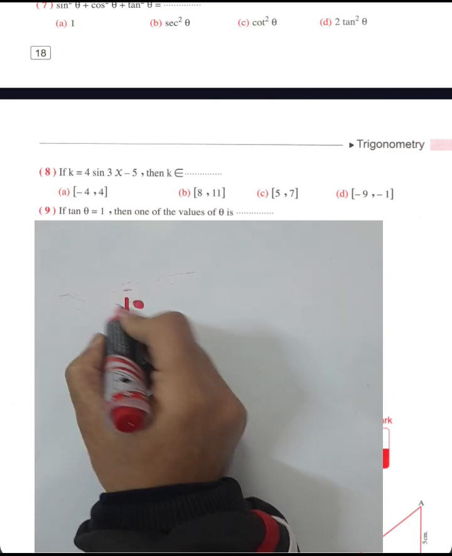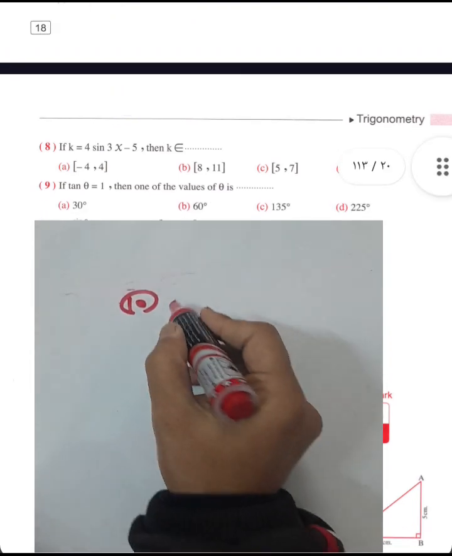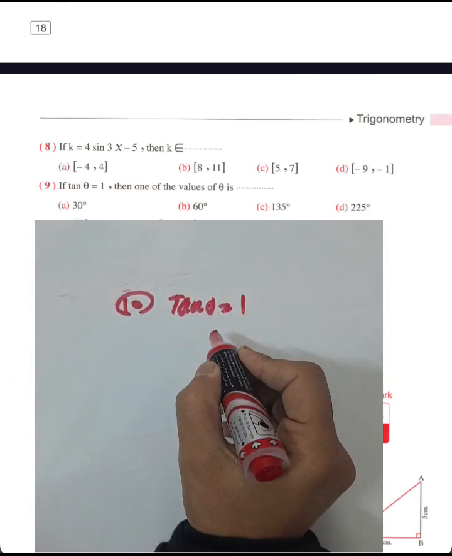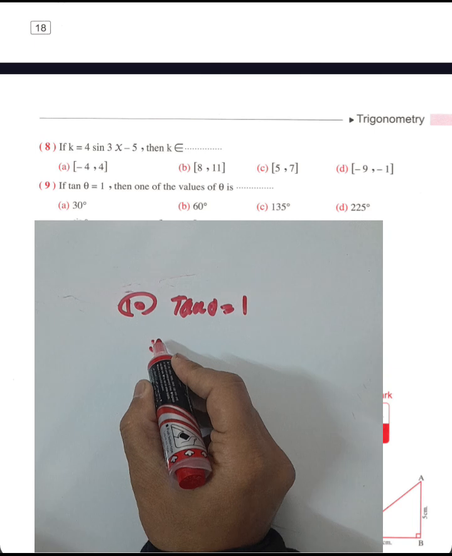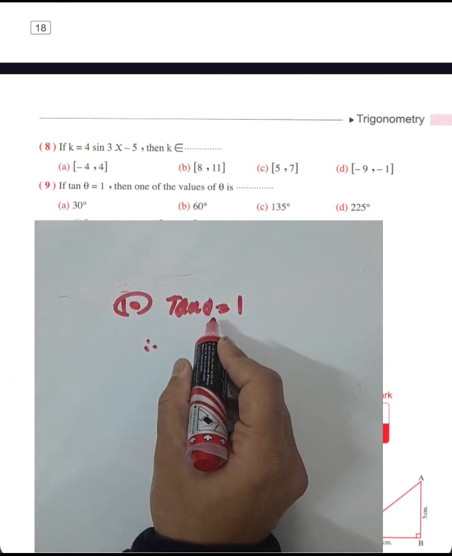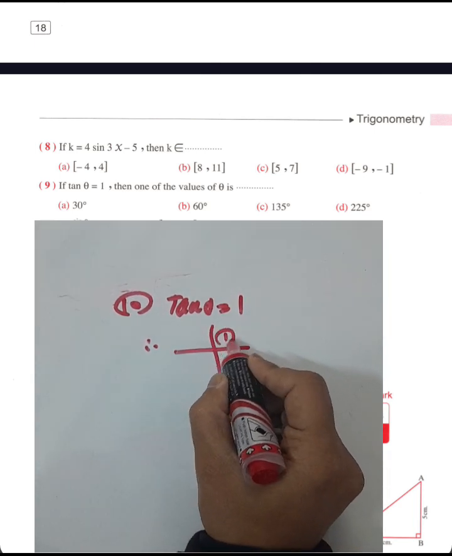Next, question number 10. If tan theta equals 1, then one of the values of theta equals what? We know tan 45 equals 1, and tan is positive in the first quadrant and the third quadrant.